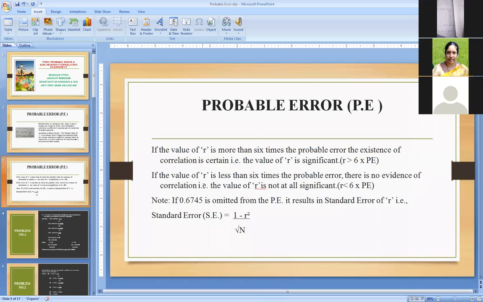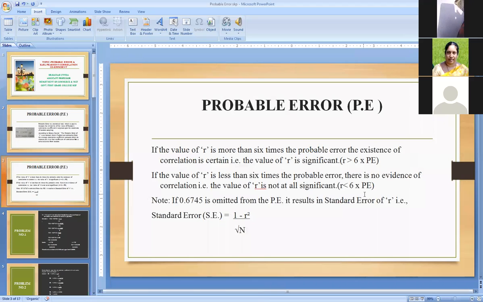And if the value of r is less than 6 times the probable error, that is, after multiplying the probable error by 6 and comparing with 6 PE, then we conclude that the value of r is not significant. It is not at all significant.